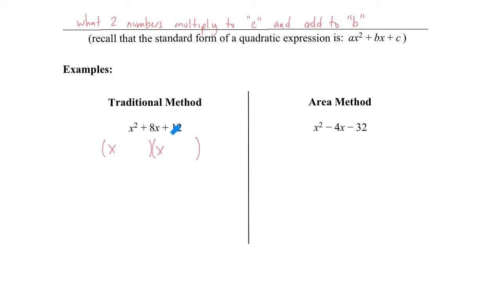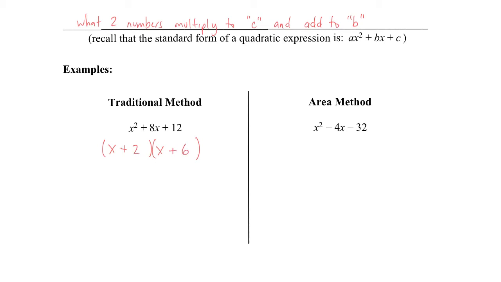Well, 1 times 12 is 12, but that doesn't add to 8. 4 times 3 is 12, but that doesn't add to 8. 2 times 6 is 12, and that does add to 8. So what we're going to have here is plus 2 and plus 6.